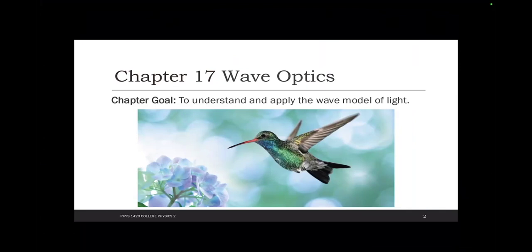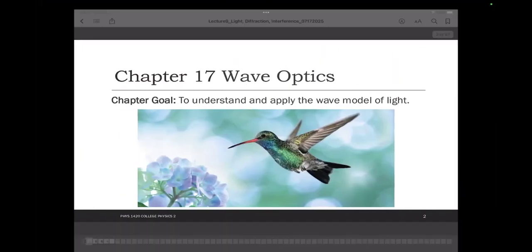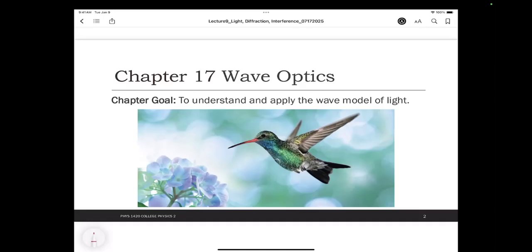For this chapter, we mainly focus on understanding and applying the wave model of light. Like I said, in this chapter we focus on the wave model of light, and try to understand it and apply it. This is this chapter's goal.